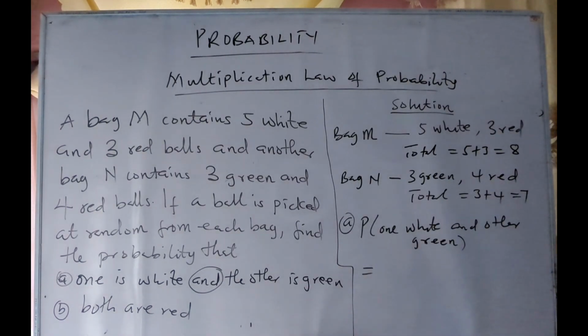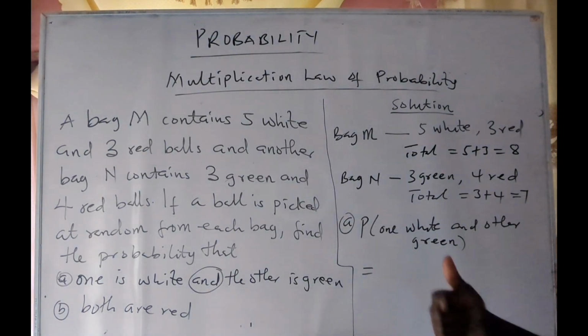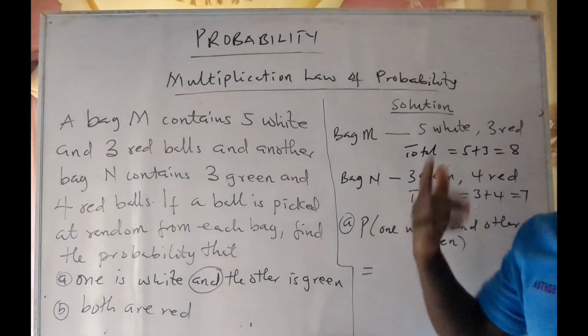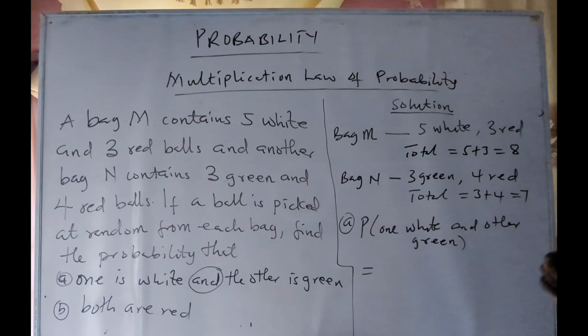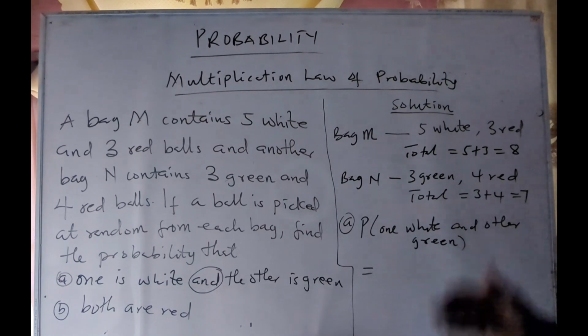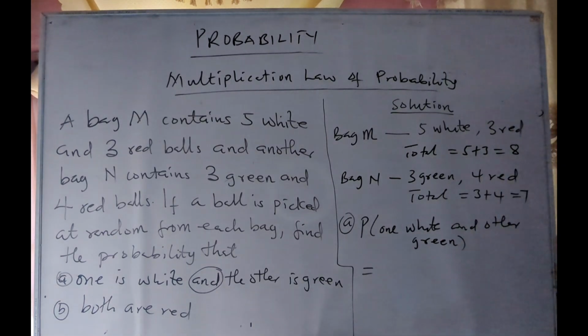It doesn't matter which bag we pick from first, because there are 2 bags. They will all give the same answer. If you pick this one first and this one second, or the other way round, because the bags are different, that will not matter here.